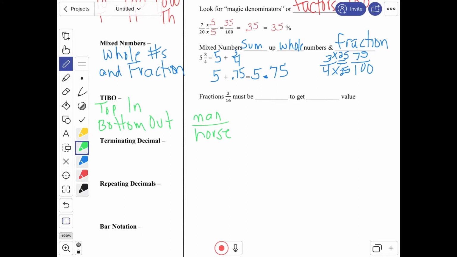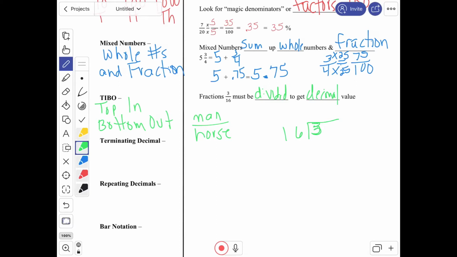A fraction like 3/16 must be divided to get the decimal value. And we remember man, horse. The man goes inside the house and the horse stands outside, or top in and bottom out.